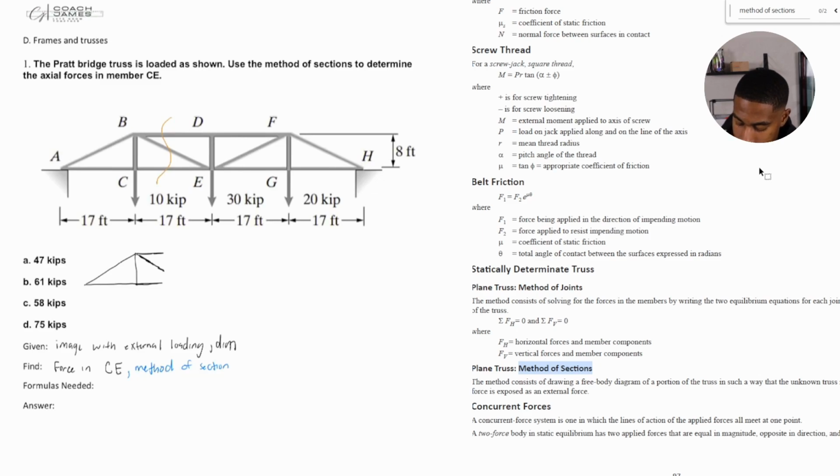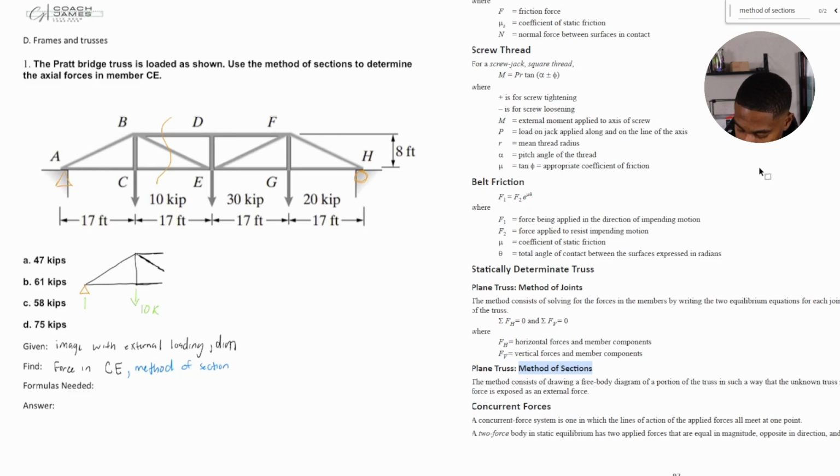So when we cut this thing, we still have a downward force, the 10 kips. There has to be some sort of pin or roller that's acting on this. So if there's a pin here, I don't know what that force is.